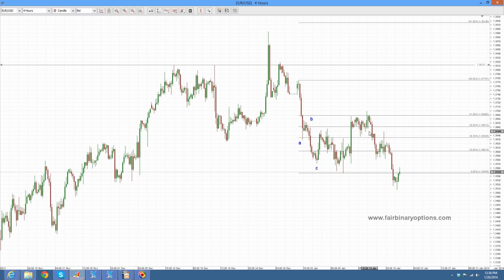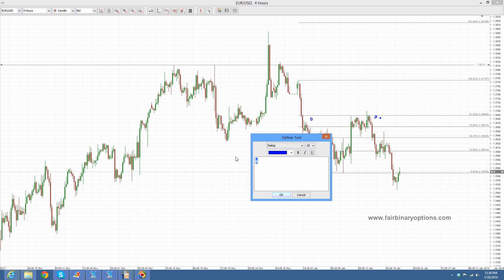Now the move to the upside is not done here at these highs, because this again seems to be another contracting triangle, and I would say that the X wave, because I'm looking for an X wave, is here. Why is this detail important?